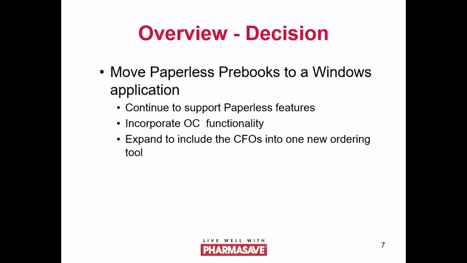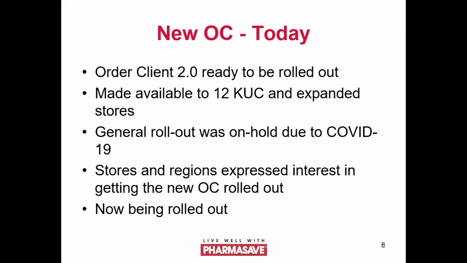The decision was made that we would move paperless pre-books to a Windows application. This would allow us to continue to support the paperless features that everyone was liking. We could incorporate some of the features people like in the existing Order Client, expand the new Order Client to include the call for orders, and move to one ordering tool for everyone. That is pretty much where we landed.